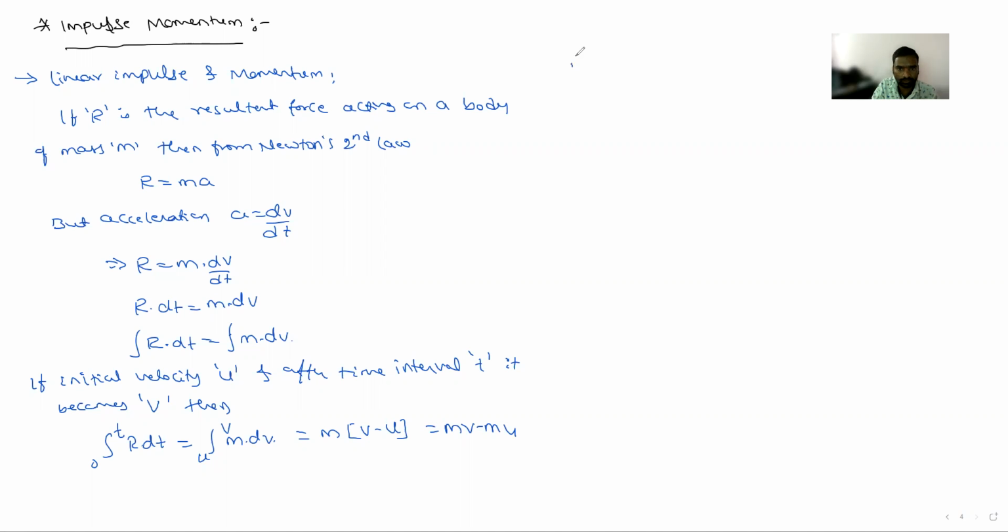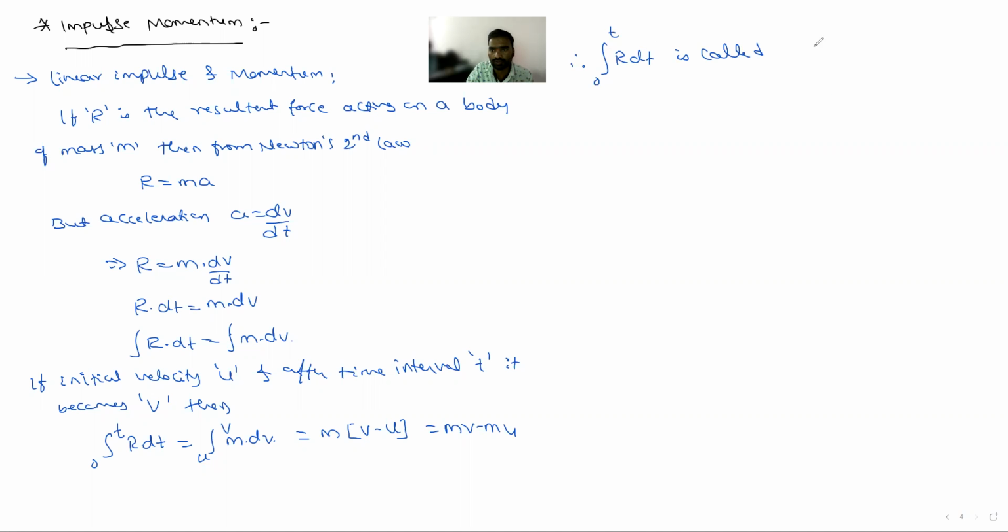Therefore, the integration of R into dt from 0 to t is called impulse. Unit: what is R? Newton. What is dt? Second. So the unit is Newton second.